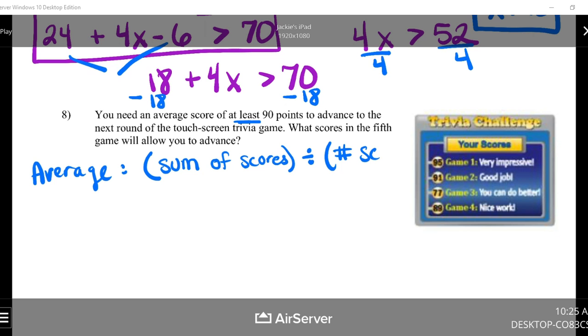Okay, so we're going to include game 5 even though we don't know what game 5 is. So we're going to add up game 1 through game 5 and then divide by 5 because we have 5 scores. So because we don't know the score in game 5, that's what X represents.